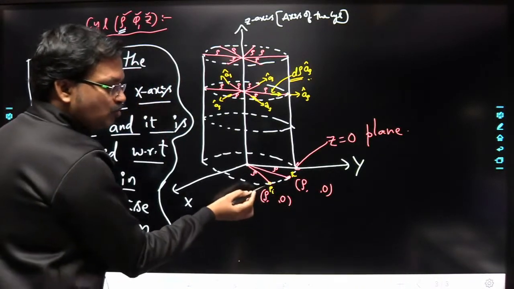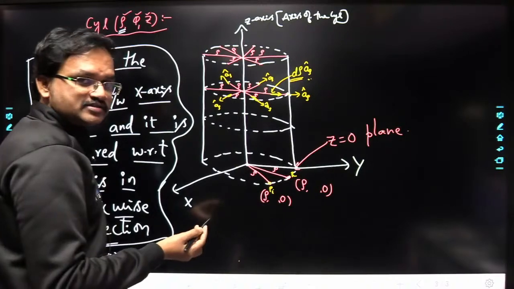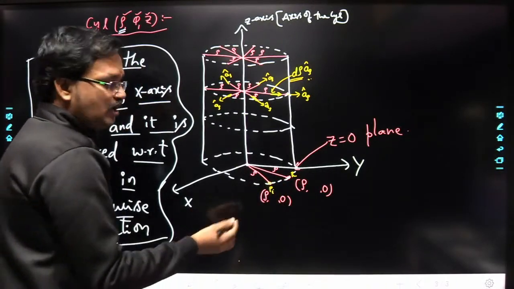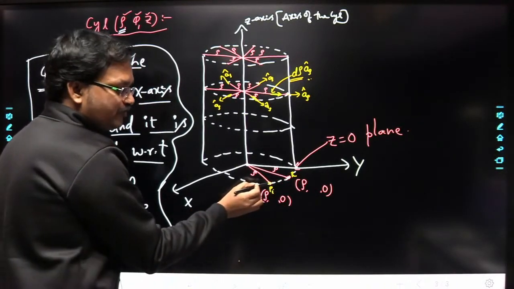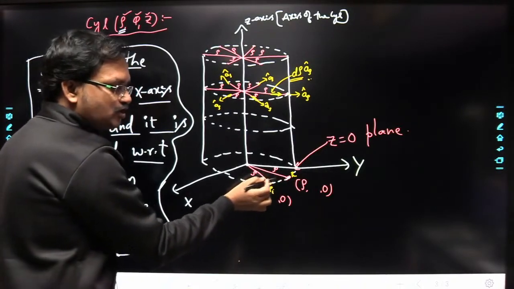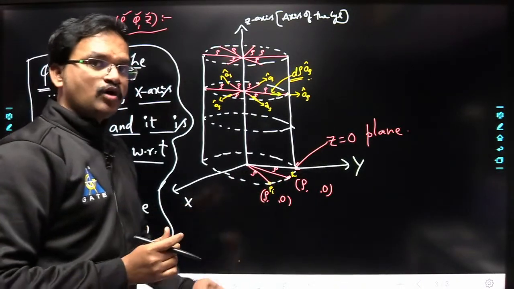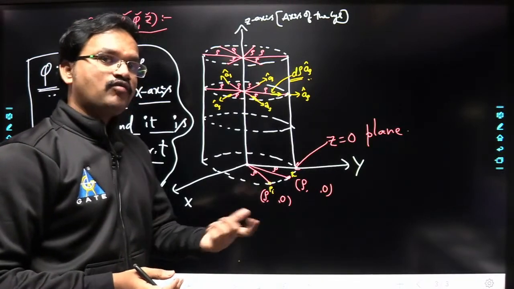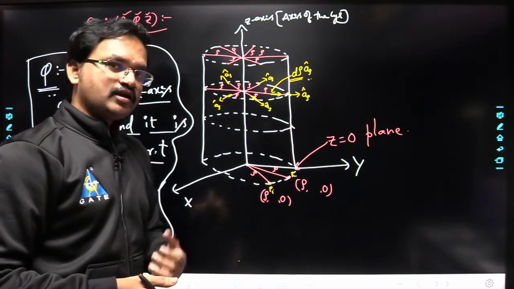So you have to differentiate between these 2 points. These 2 points are not the same. These 2 are different. So in order to differentiate between these 2 points here, we need one more coordinate. What is that coordinate here?